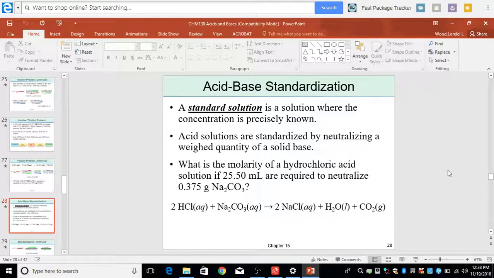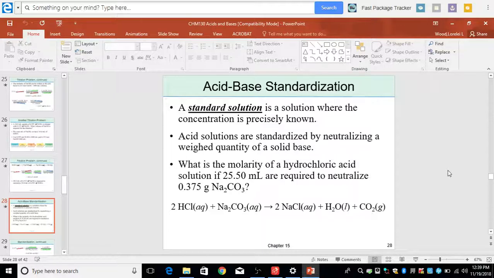All right, here's where you're making a standard solution. And now they're starting with something that is a mass rather than volumes, but it's all the same kind of mathematical calculation. So we got hydrochloric acid, HCl, aqueous solution. We also have some sodium carbonate, an aqueous solution. Oh, but that's not an acid base.